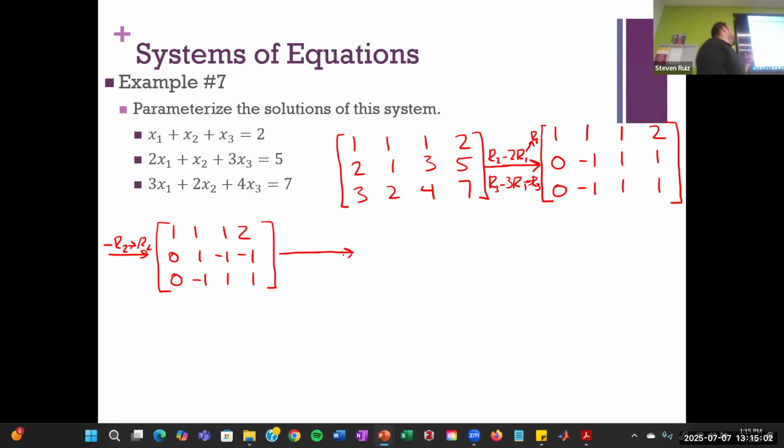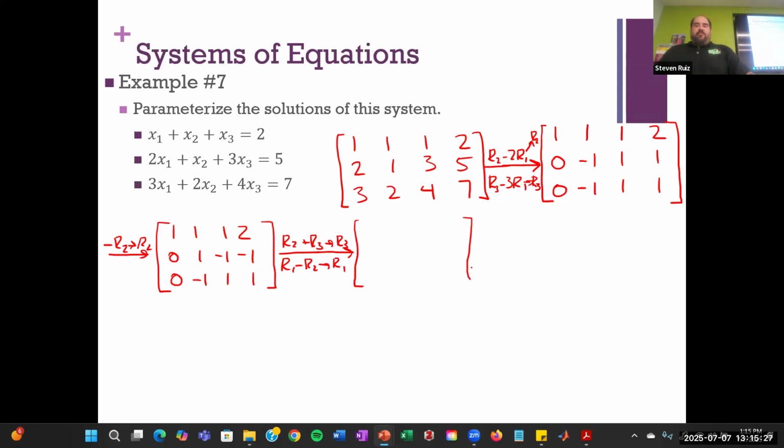So now we're in column 2. We got our pivot where we want it. So what should we do with that pivot now that we have it? Add row 2 to row 3. Row 2 plus row 3. Row 1 minus row 2 goes to row 1.